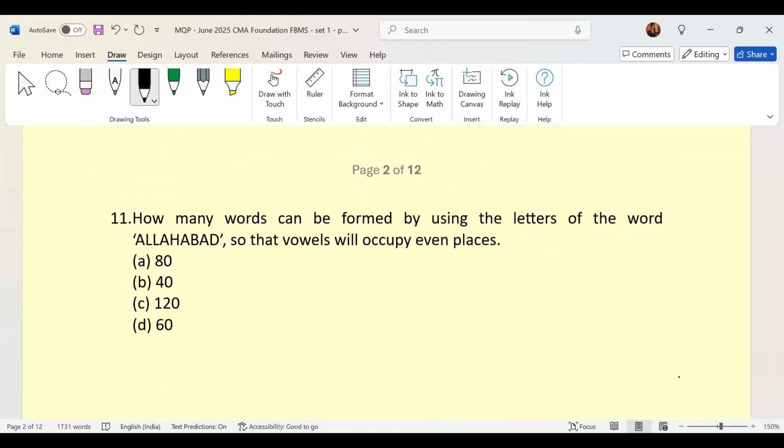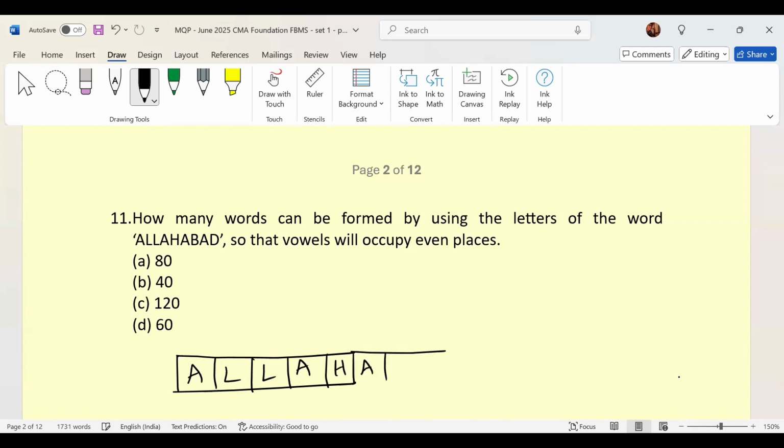So, Allahabad: A, L, L, A, H, A, B, A, D. So it is 3 plus 3, 6, 6 plus 3, 9.